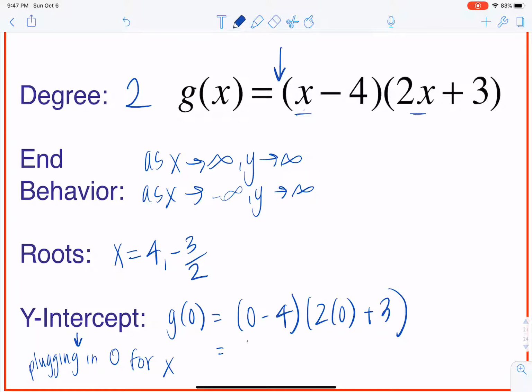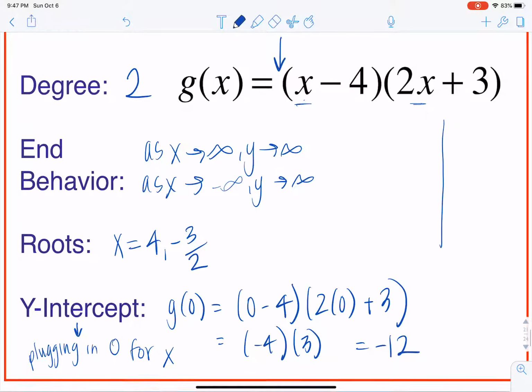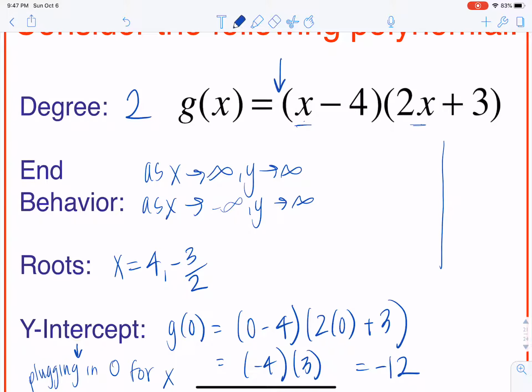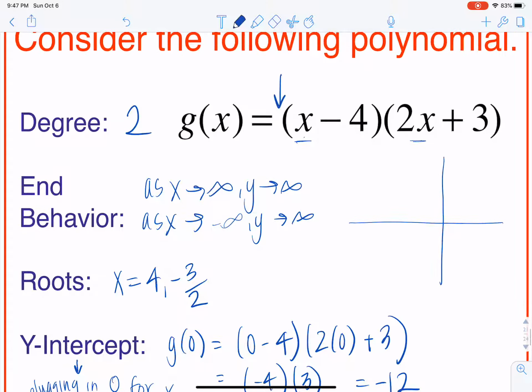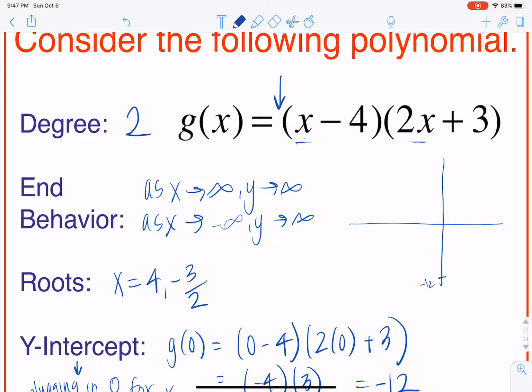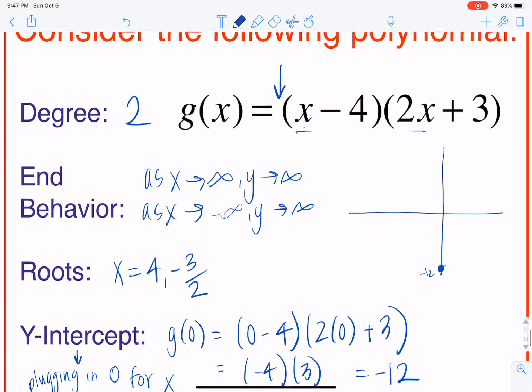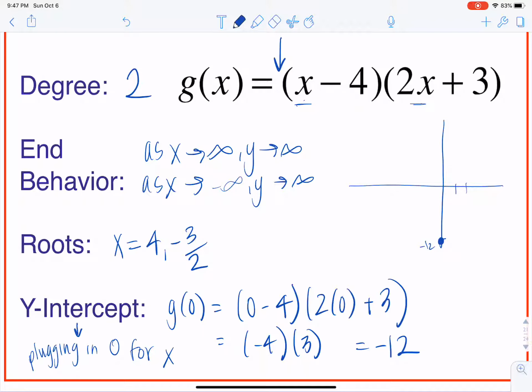So this will be negative 4 times positive 3, which will give me negative 12. If I really wanted to, I could come down here to negative 12. That's my y-intercept. Over here at 4, here is one of my x-intercepts. And at negative 1.5, here's my other x-intercept.